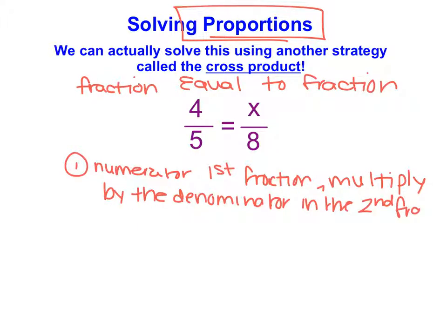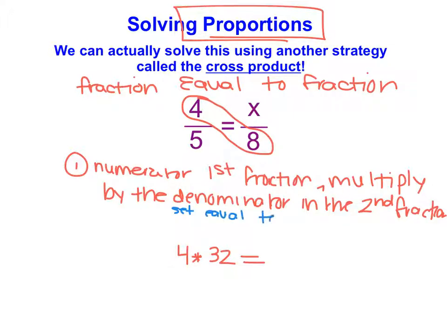So that's where we start. We take the numerator in the first fraction times the denominator in the second fraction. So we have 4 times 8, and what we do is we set that equal to. I'm going to write set equal to in there.